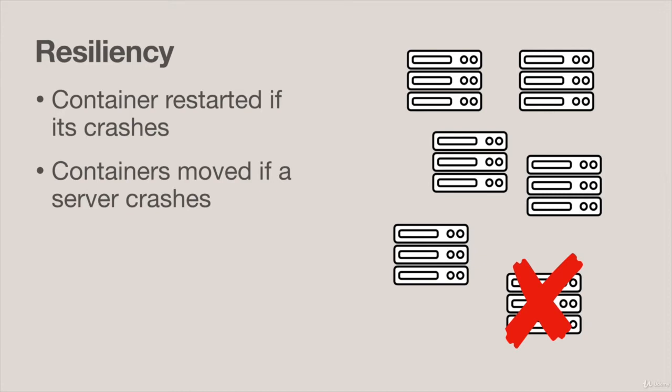And this has an important consequence for you as a developer. Your application must be able to handle your instance, the container, being restarted or moved. It shouldn't be doing anything specific to the box that it's running on, and it should be able to shut down and restart gracefully. So what do we mean by this? Well, the fact that your application might get restarted and moved means that you need your users not to notice.